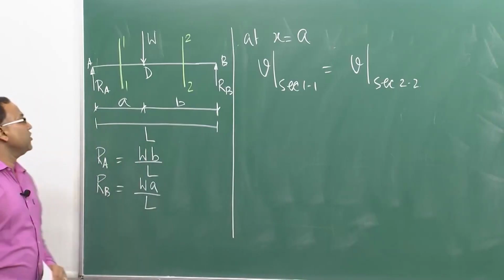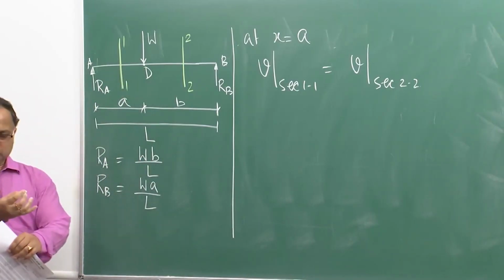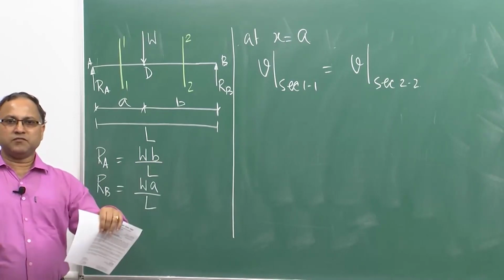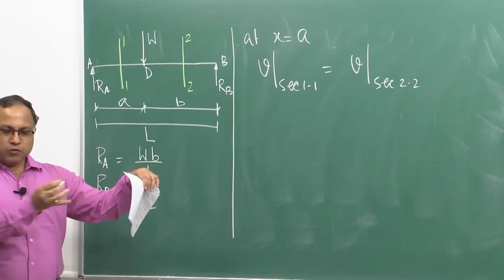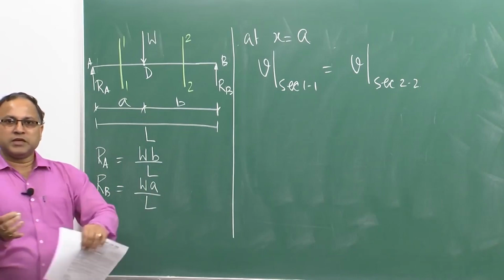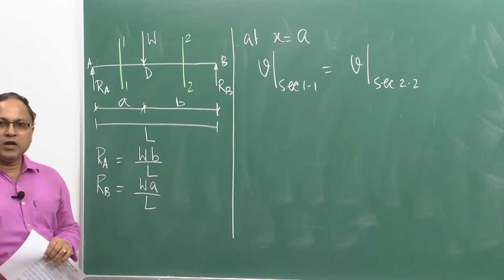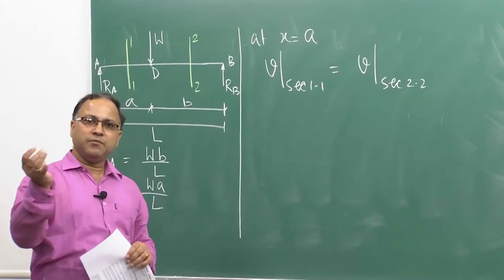That is a continuity condition, because at the same point the beam bending is continuous. At the same point you will not get two different deflections of the beam. Whether you come from section 1-1 or section 2-2, at the common point D, the deflection should be same.